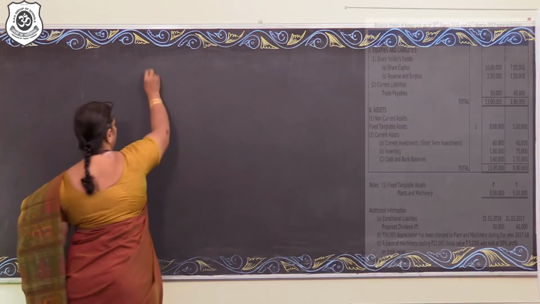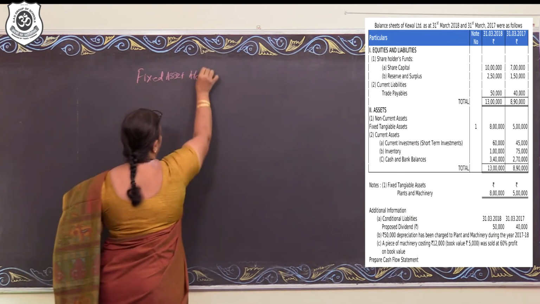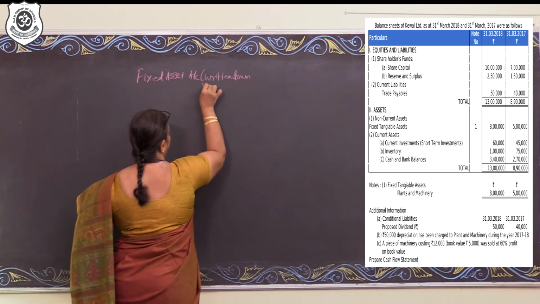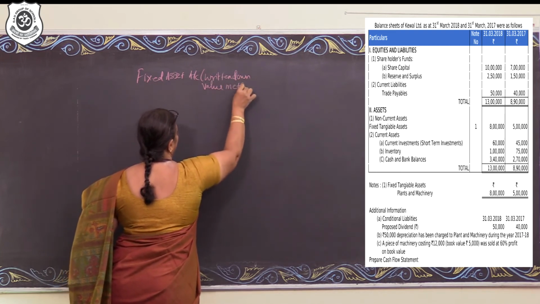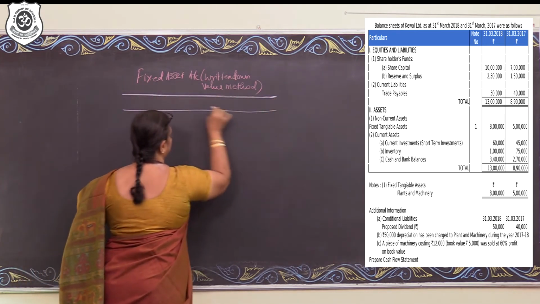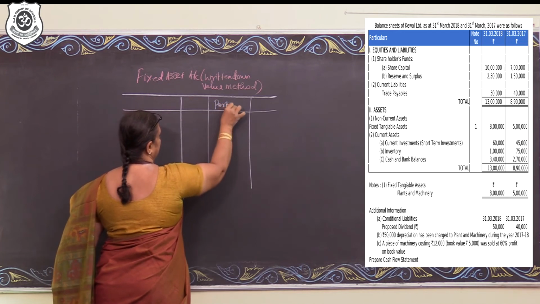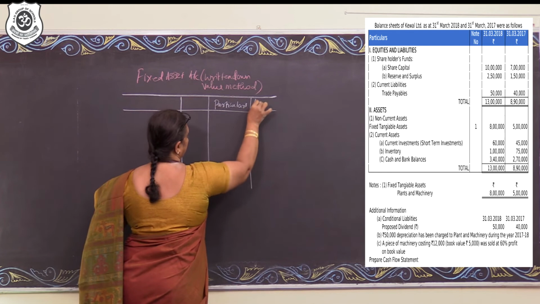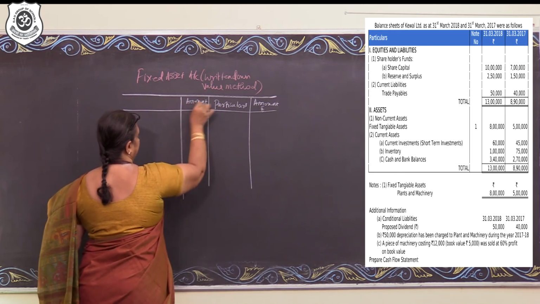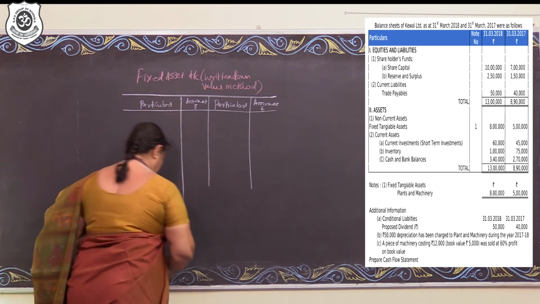Now, working note number 1. At written down value method, particulars.